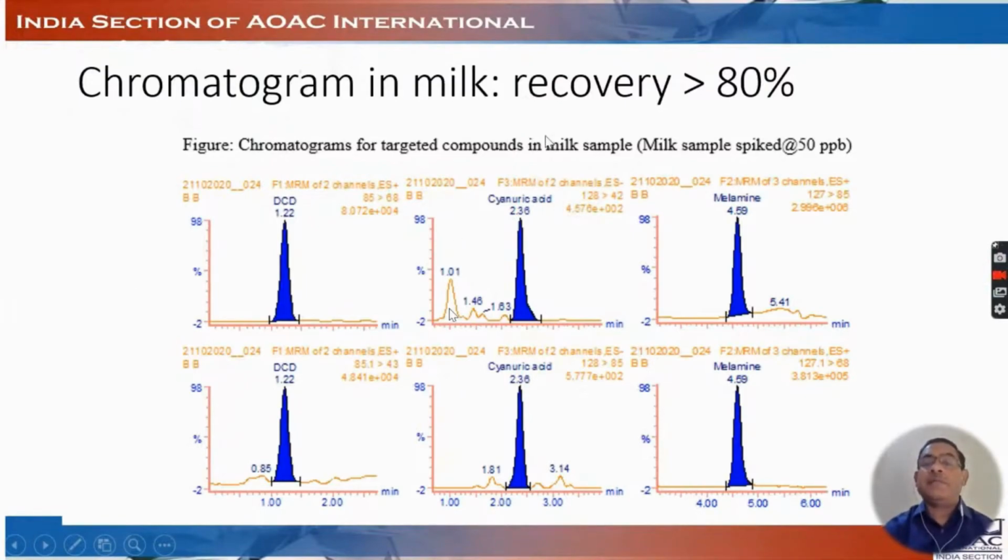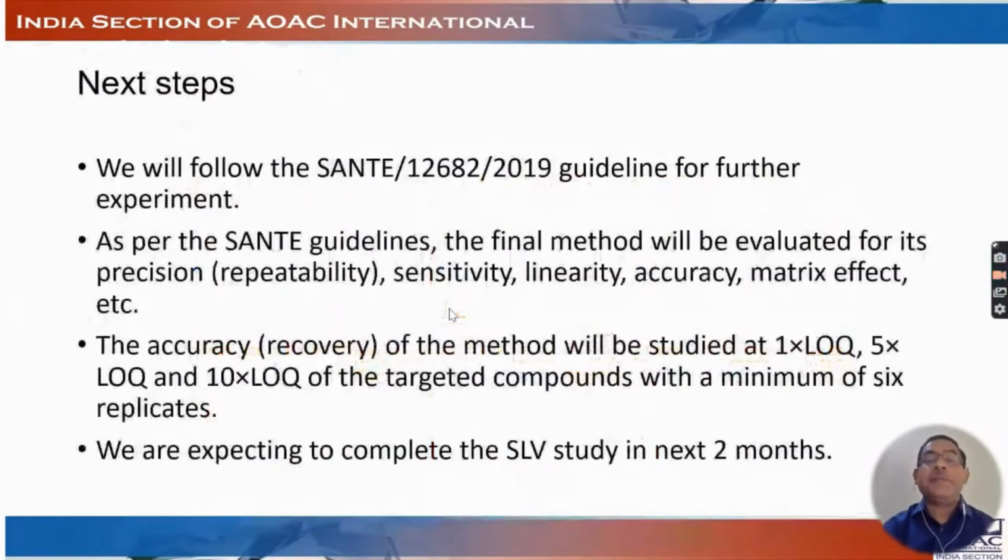But here, when we used the matrix matched standard, the recovery could be corrected to a great extent, but still we are facing certain problems of inconsistency. So we are also going to use internal standard in this and trying to optimize the method in such a way that it is acceptable and implementable across various laboratories of regulatory agencies.